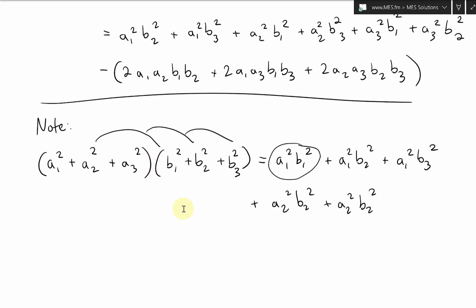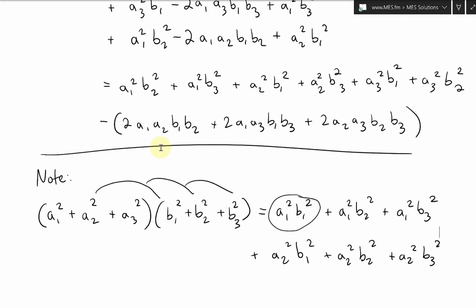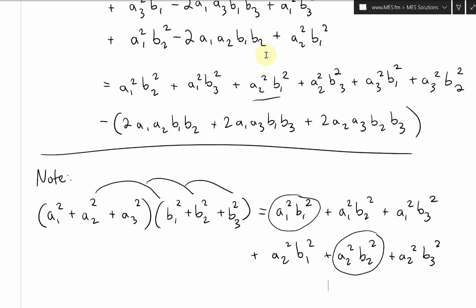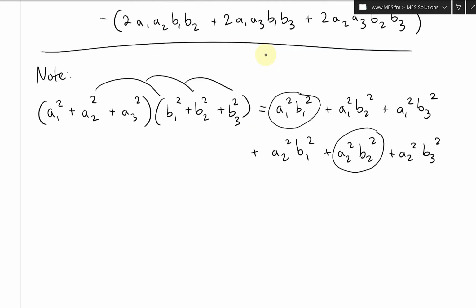And yeah, this one's A2, B1, not B2, and then the next one's going to be A2 squared, B3 squared multiplied by this one. Notice again, this A2 squared B1 shows up here. This one here, A2 squared B3, shows up here. So they all show up, but the ones that don't are the ones where the subscript is the same. So I'm going to circle this right here, and that. This one and this one aren't there. A2 squared, B2 squared do not show up in this top row.